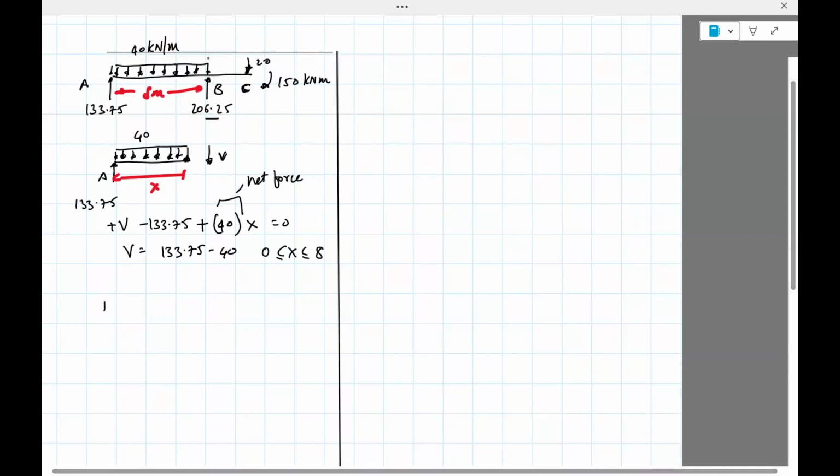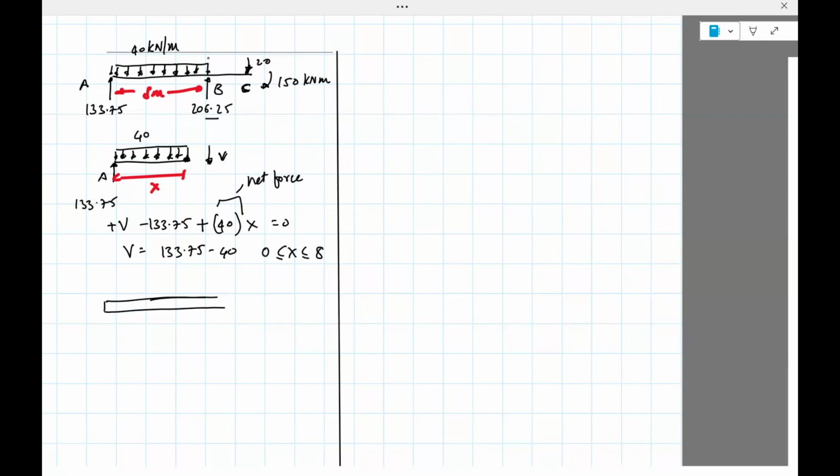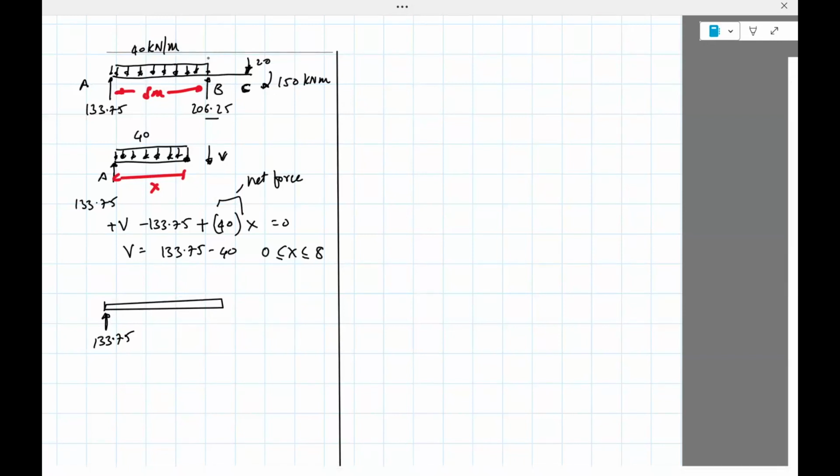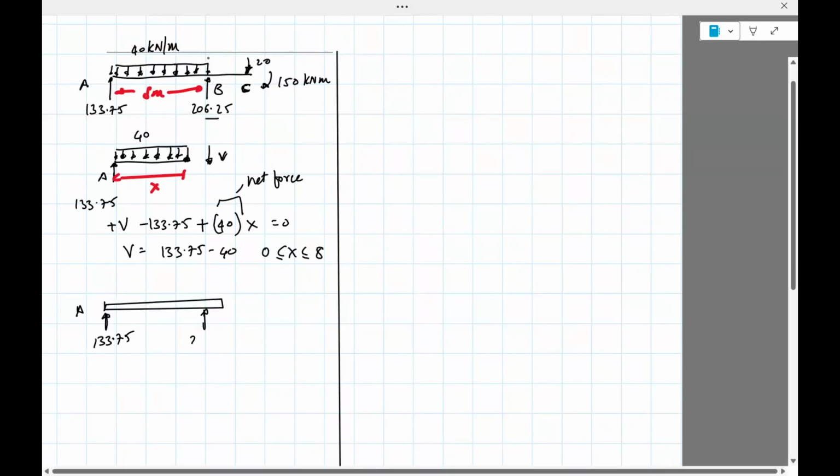Okay, next we cut the beam between B and C and then show all the forces, 133.75 at A. We have B, 206.25.